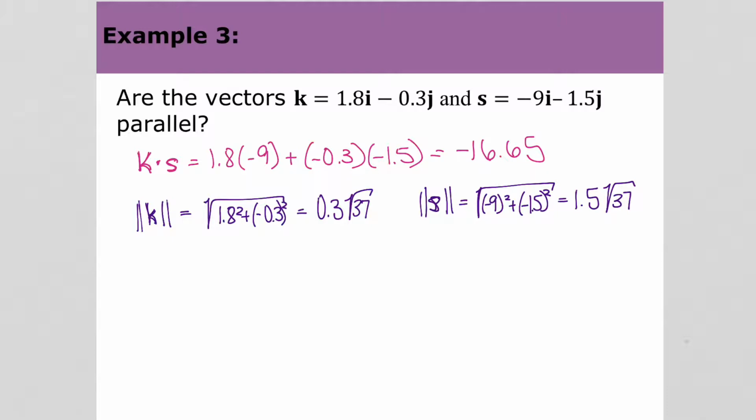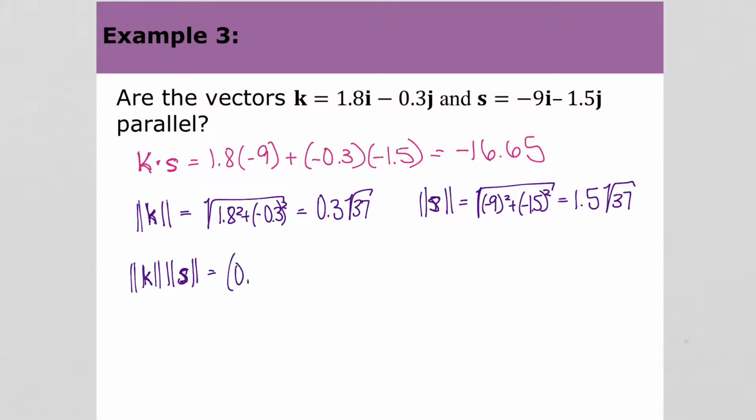So what we have to do is we need to test and see what the magnitude of K times the magnitude of S is. If it's either the same or opposite from the dot product, then that means our vectors are parallel.